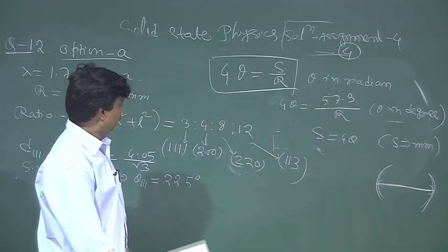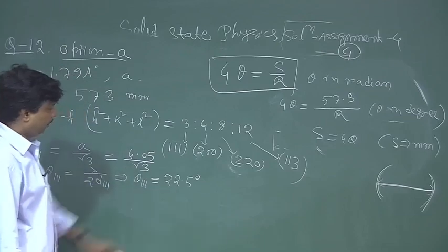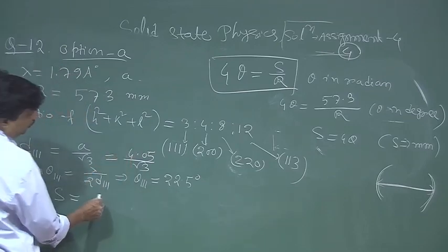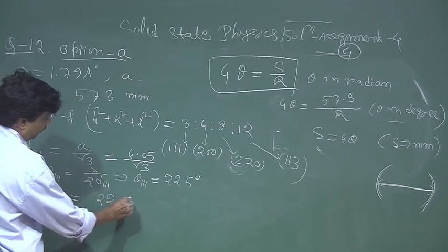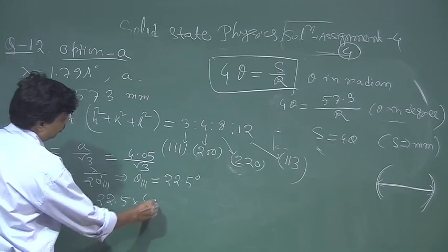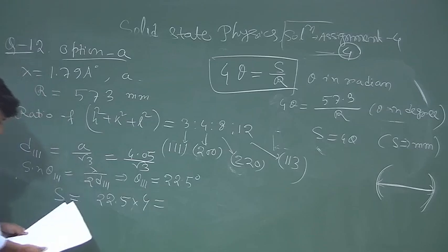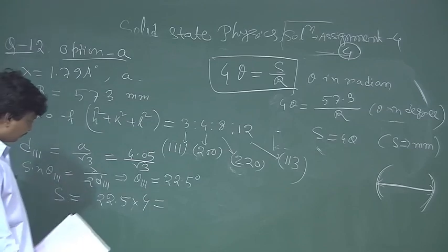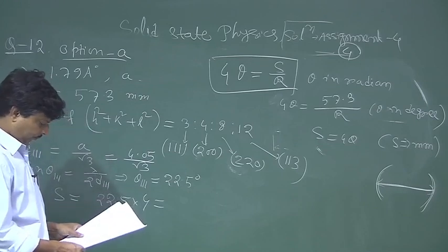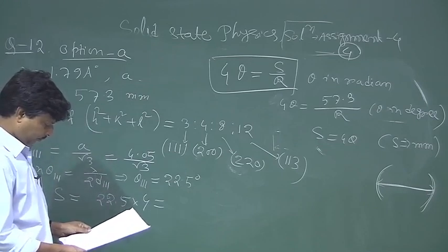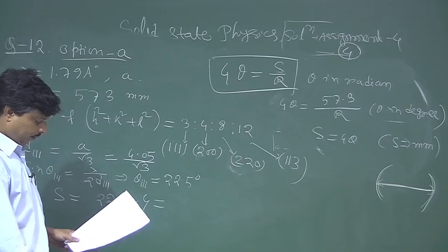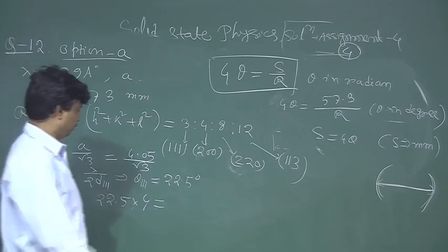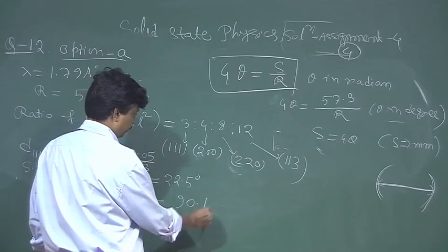So, you have got theta is 22.5, thus in millimeter, if we find this distance, it is 22.5 into 4, approximately 90 mm, approximately 90.1.